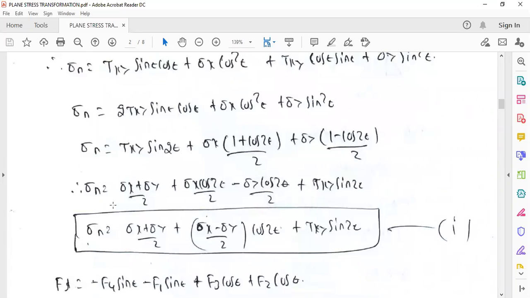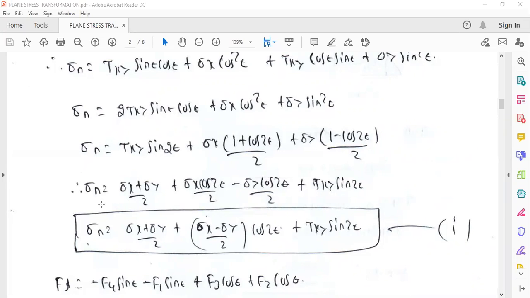If I club the terms, sigma n is equal to sigma x plus sigma y by 2 plus sigma x cos 2 theta by 2 minus sigma y cos 2 theta by 2 plus tau xy sin 2 theta.